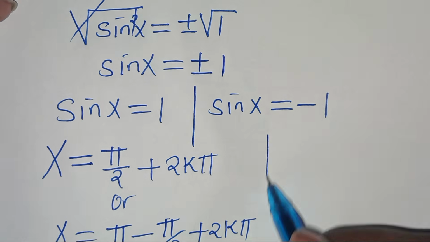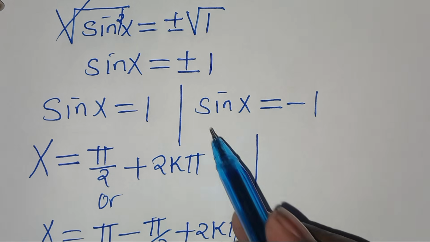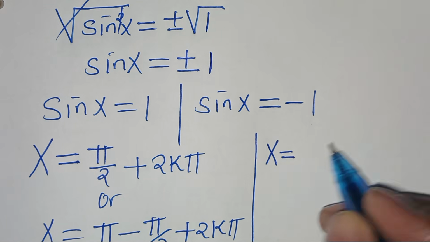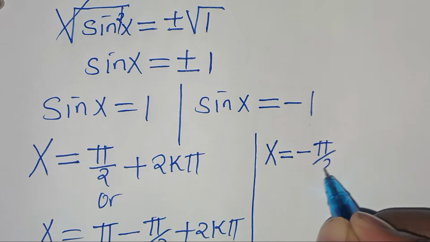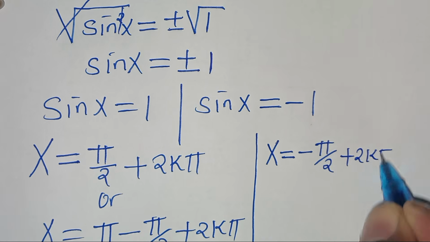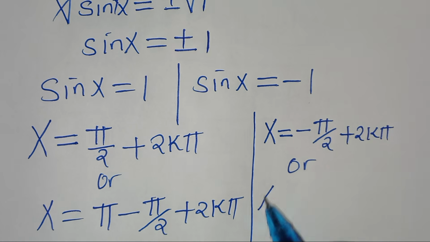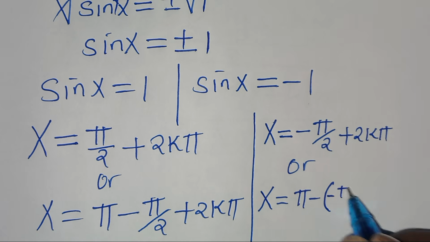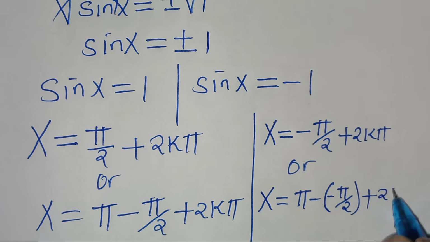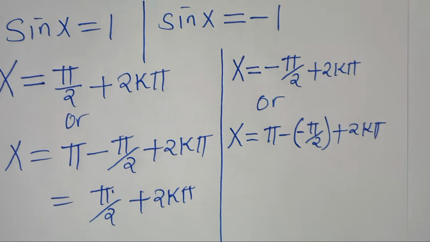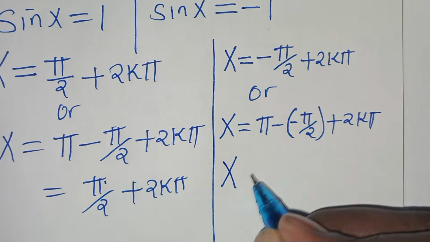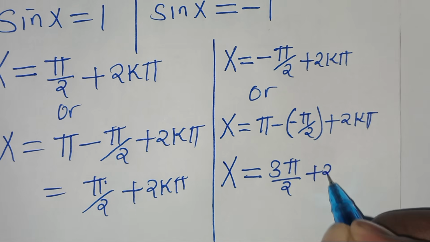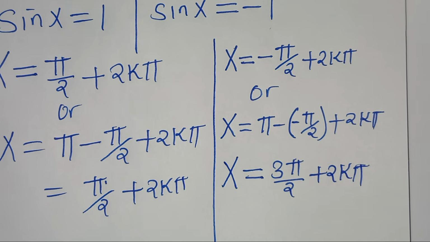Now, when sine x is equal to minus 1, we have that x is equal to minus pi over 2 plus 2k pi, or x is equal to pi minus the quantity minus pi over 2 plus 2k pi. And this implies that x is equal to 3 pi over 2 plus 2k pi. Now this is case 1.